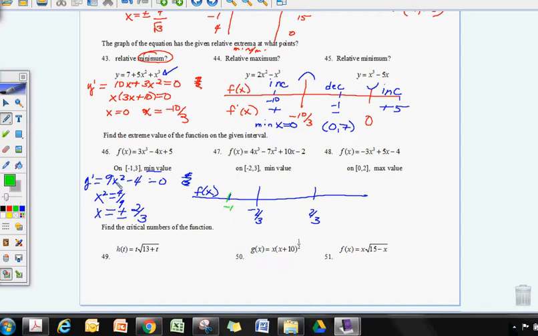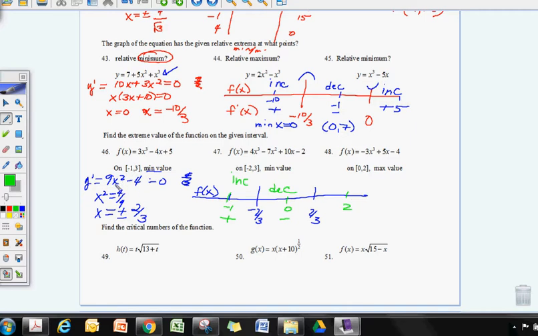When I pick negative 1 into the derivative, it becomes positive. So this is positive 9 minus 4. It's going to be positive, increasing. If I pick 0 and I plug that in, it's negative. This is decreasing.